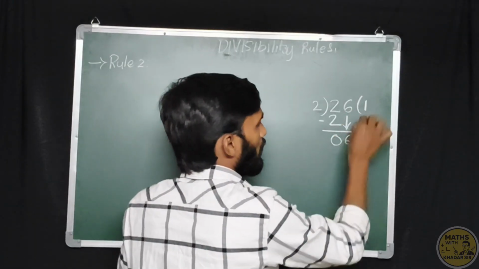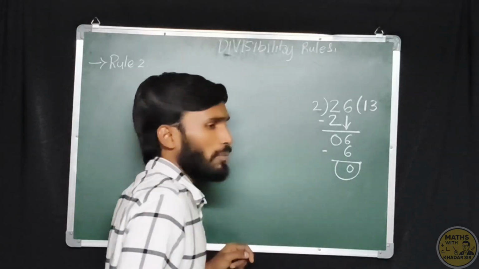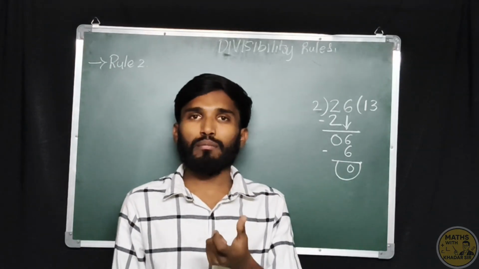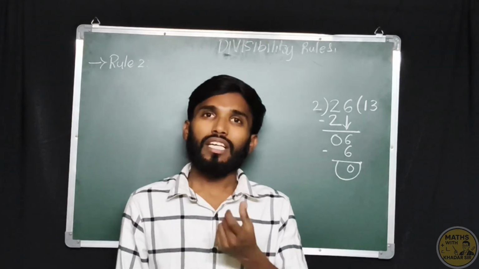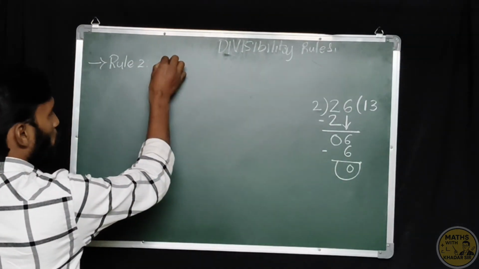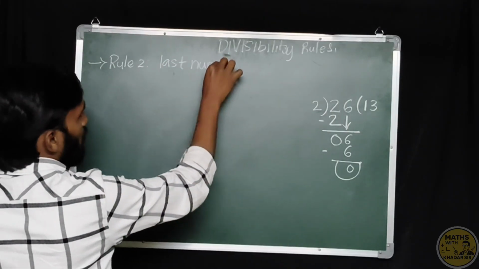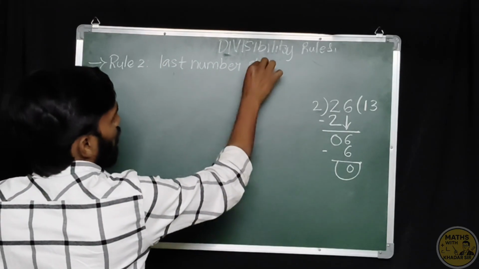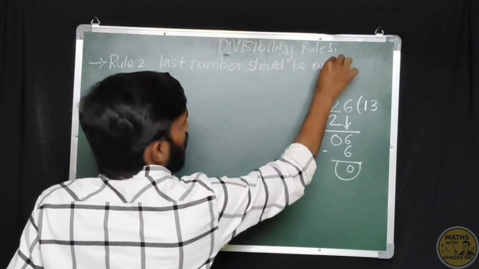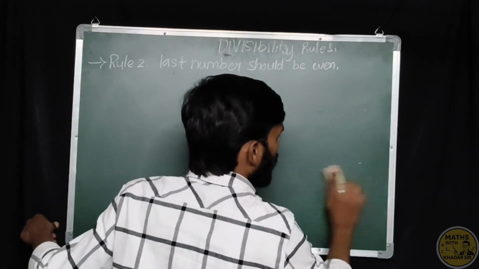Write down this 6. 3 times 2 is 6, minus 6, 0. That means the divisibility rule of 2 is nothing but in a number, the last digit should be even. Now this is about divisibility rule 2.